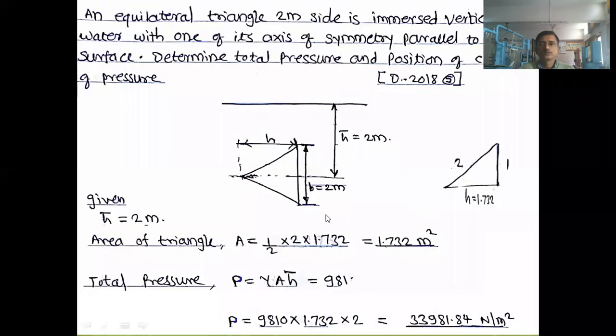Write down this problem. This was asked in December 2018 for 5 marks. An equilateral triangle of 2 meter side is immersed vertically in water with one of its axes of symmetry parallel to the water surface.